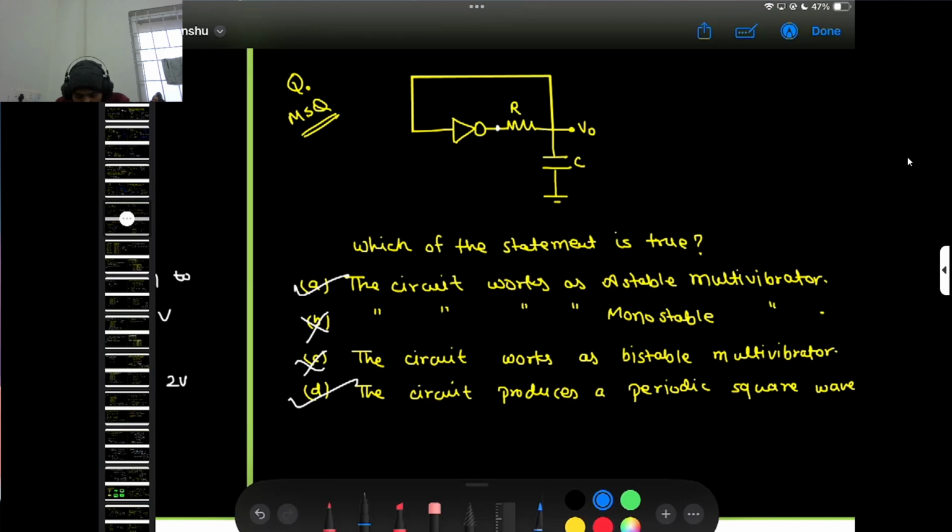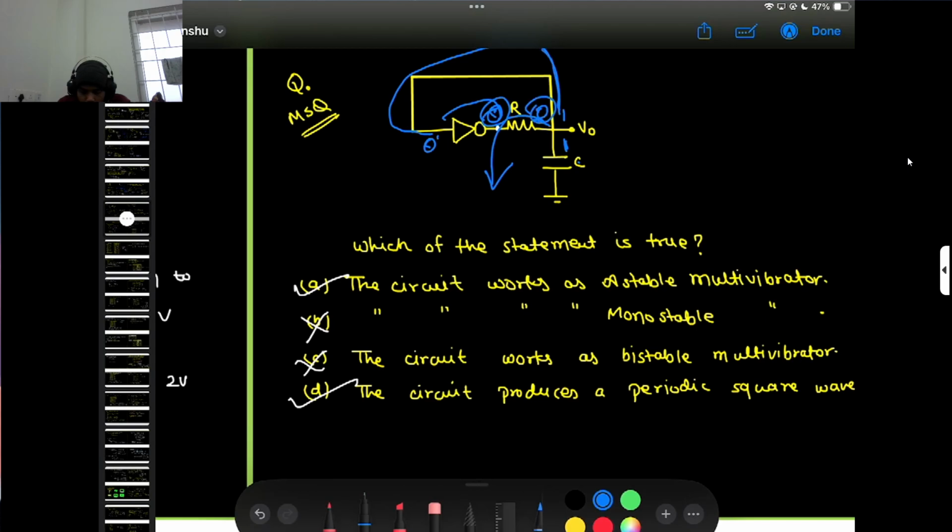So basically, one inverter is here, and R and V naught is here, and C is here. Which of the statements is true? The circuit works as an astable multivibrator. Basically it's an inverter, and suppose the output is initially 0, the input is 1, so my capacitor charges. Then it goes to 0 here, and my capacitor holds 1 and decreases this way, and 0 is here again.